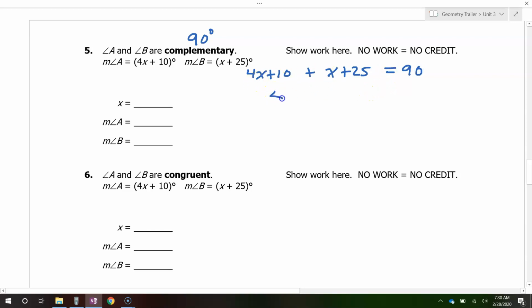Combining like terms, I'm going to have 5x plus 35 is equal to 90. I just combined the 4x and the x and the 10 and the 25.